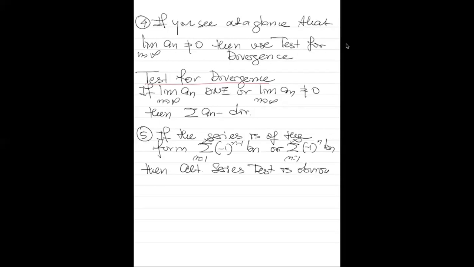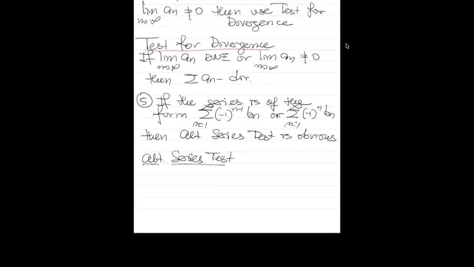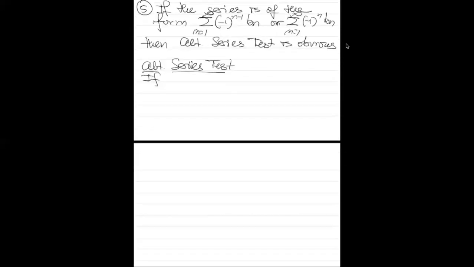So let's recall the alternating series test. First of all, if we have a series of that form, (-1)^(n-1) b sub n, or you can expand it: b1 minus b2 plus b3 and so on. Now the b's are positive, okay?